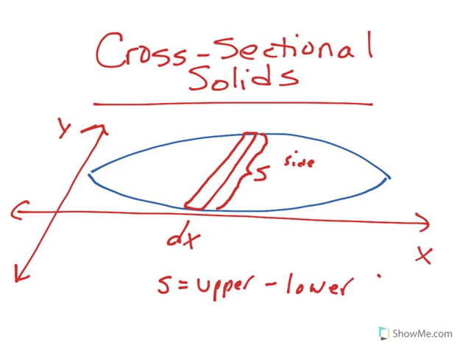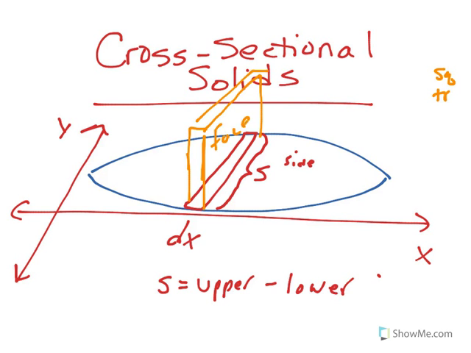You'll have a base, and then you'll be told the shape of the cross-section, meaning if we sliced it out of there, it's going to form some sort of shape. Sometimes it's a square, sometimes a triangle, sometimes a half circle, and depending on what it is, we get different things. As an example, if I took a slice out of here, and that length was S, the cross-section would look like a solid whose face is a square.